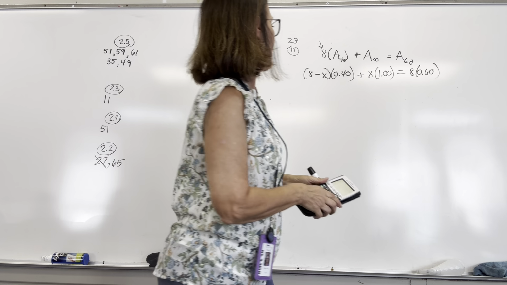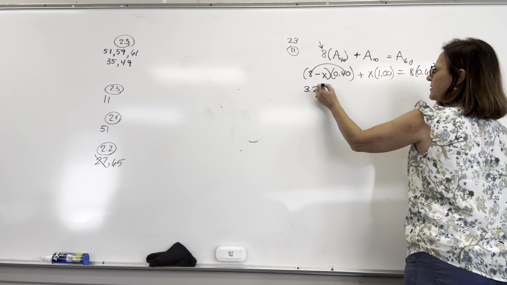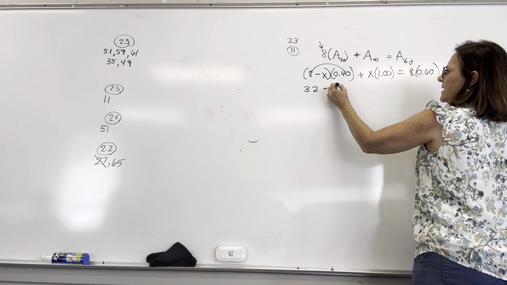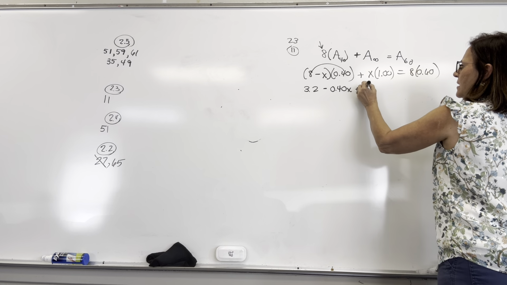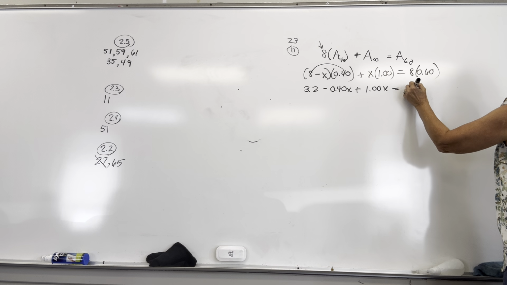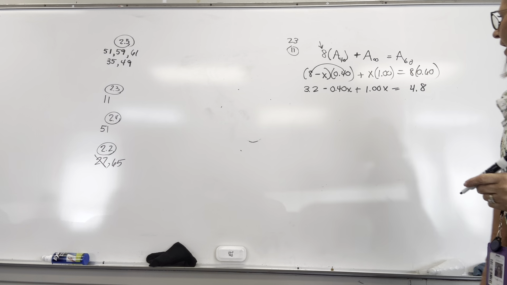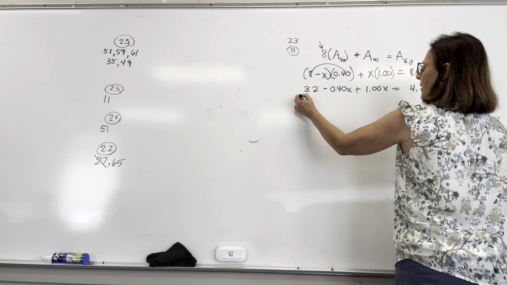All right, so multiplying 8 times 0.4, that's 3.2, right? Minus 0.40x plus 1.00x equals, is this 4.8? Is that right? Did I do that math correctly? All right, let's combine.